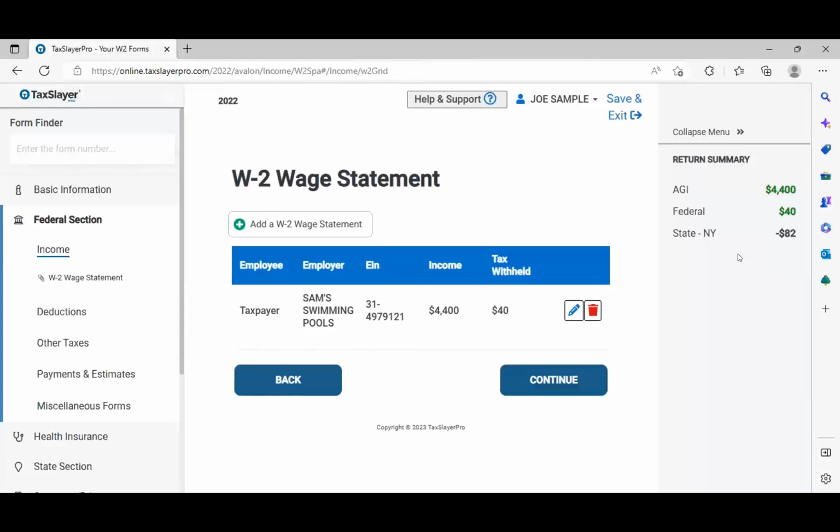Look at the right-hand side now. Your AGI went up by $400 to now 4,400. Okay, it automatically makes the changes as you go along. And as you can see, the refund, I believe, was like 48 or in the area of $50. Well, it's now down to 40. So again, TaxSlayer is automatically calculating this for you down the road as you make changes.